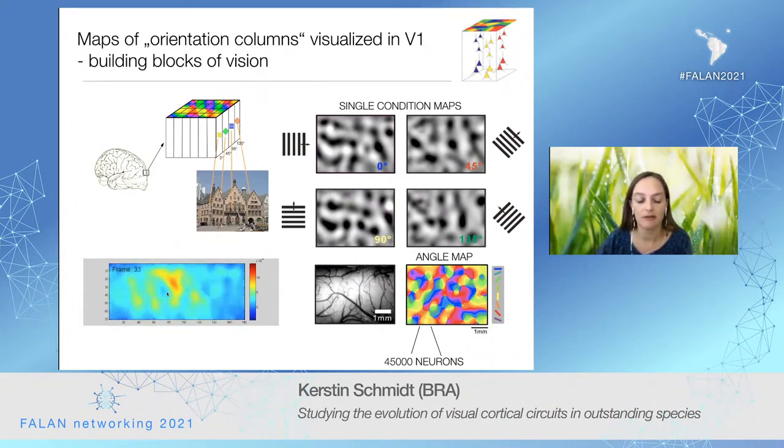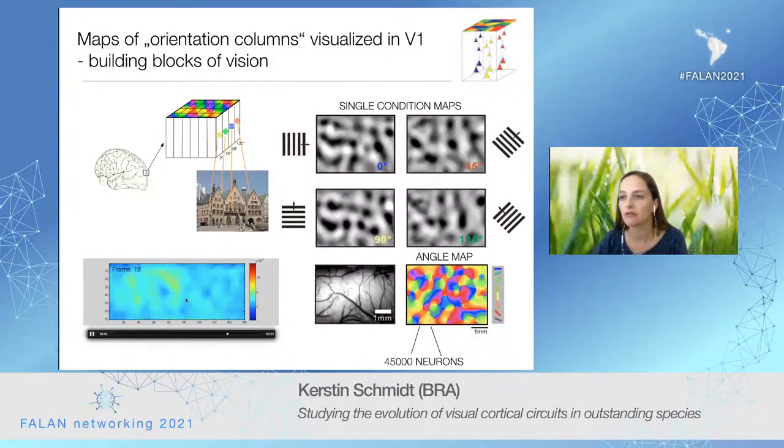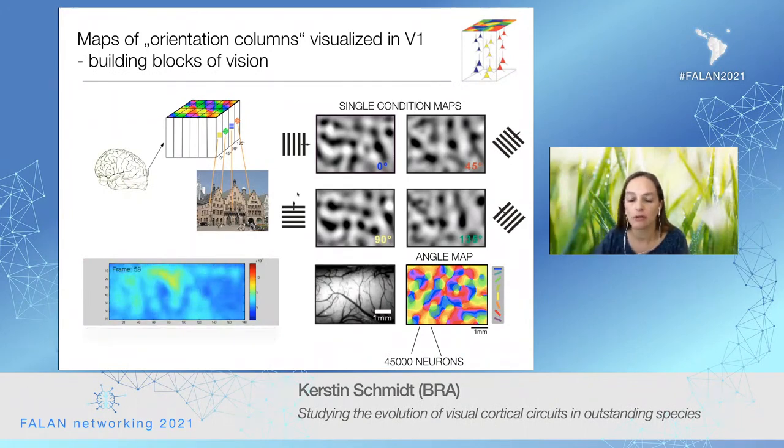So if we stimulate an animal with contours of a certain orientation, many of such domains, which all consist of thousands of neurons, will be activated at the same time. Those domains actually extend through all cortical layers, which justifies the term columns.